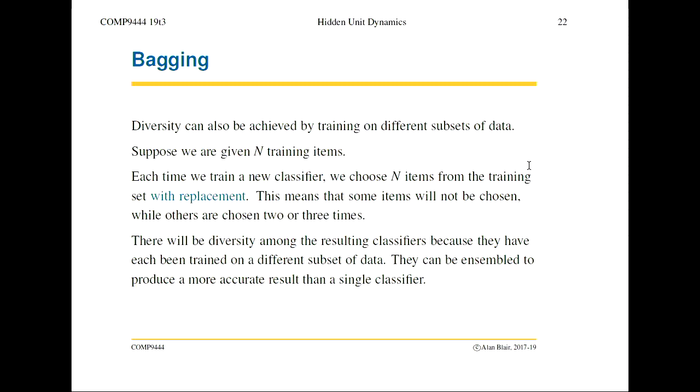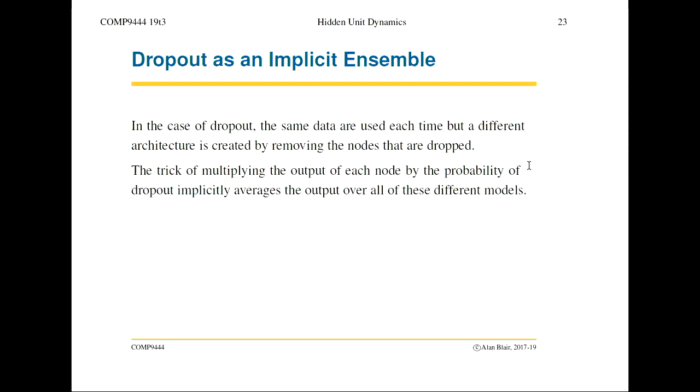Occasionally something might get picked 3 times, but that's unlikely. Some will be missing, some will be picked twice, and whatever it is, I train on that set, and then I repeat the process. So each time I'm training on a slightly different training set, in the sense that some items are repeated and others are missing, and then I can ensemble those things.